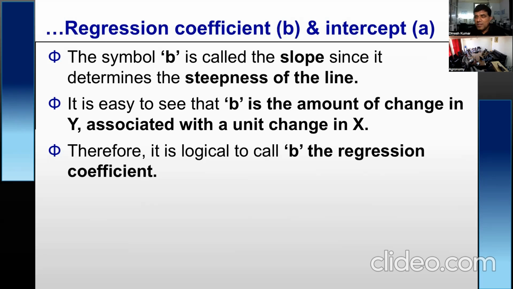It is easy to see that b is the amount of change in y associated with a unit change in x. That is your regression coefficient. So therefore, it is logical to call b the regression coefficient.